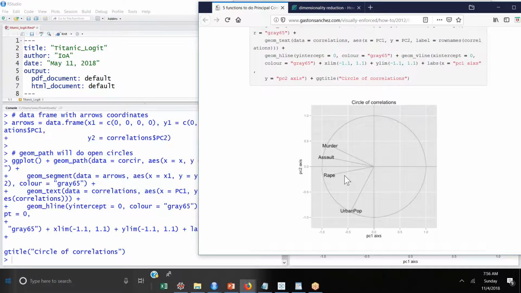That's what it means. Make sense? That was an excellent observation you made. I don't know whether others understood your question. All the crimes are correlated. Do you agree with me? Murder will be correlated with assault, assault with rape, rape with murder. More so.